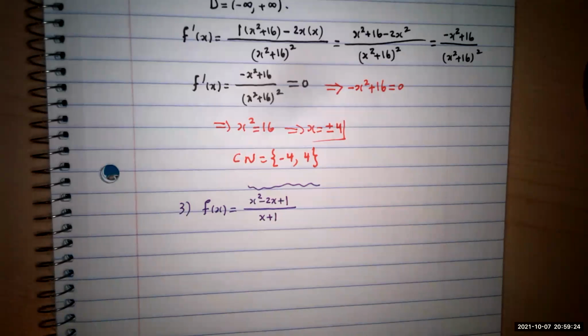This is the function that you want to check. Then what we are going to do is determine the domain first, and then we go for it. Any suggestion for the domain of this one? Again, it is a rational function.